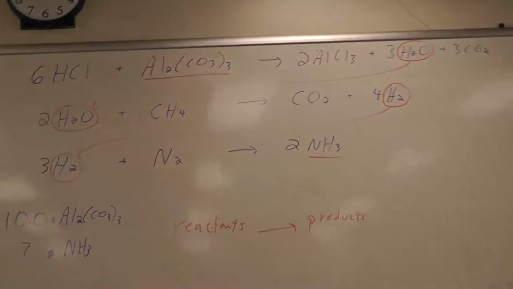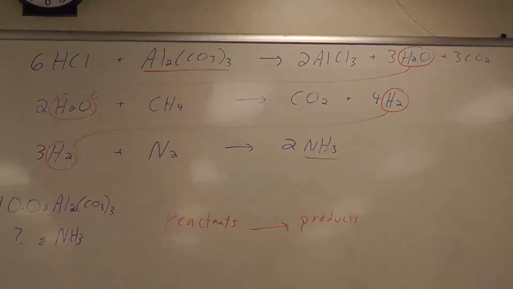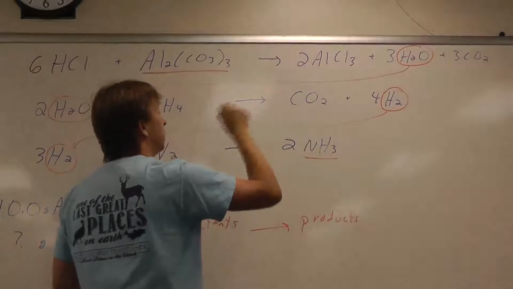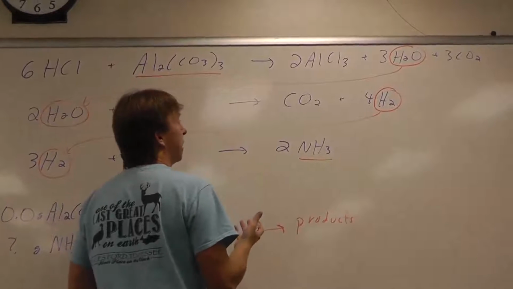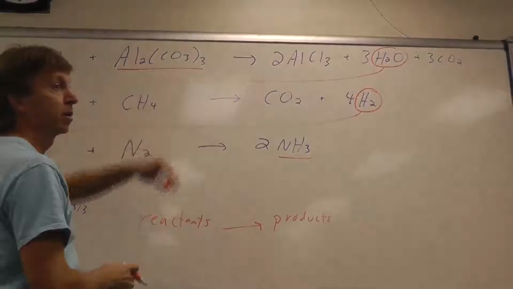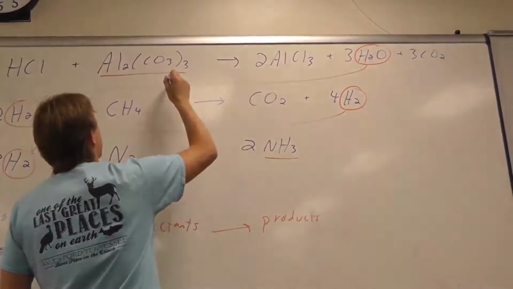More in particular, they show up as a product and then as a reactant. It's formed and then later consumed. This water is not one of your original reactants, and it's not one of your final products either. The water is formed for a moment, and then it goes on to become other things. It's a product, then a reactant.